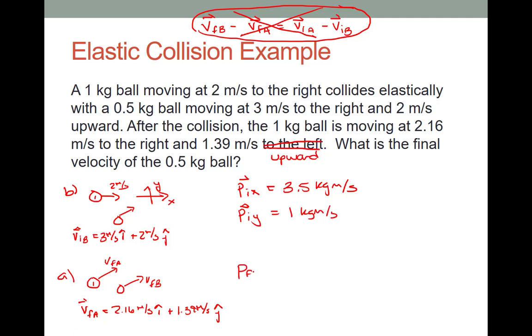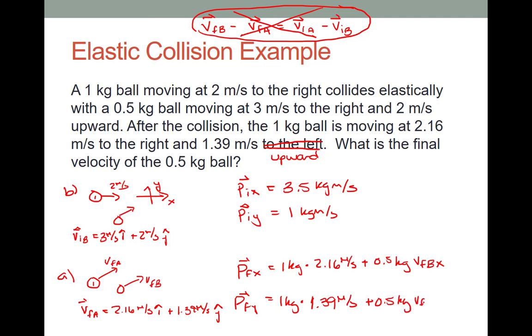Afterwards, in x, we're going to have the 1 kilogram object moving at 2.16 meters per second, plus the half kilogram object moving at v final dx. And in the y direction, the 1 kilogram object is moving at 1.39 meters per second, plus the half kilogram object moving at our unknown v final dy.